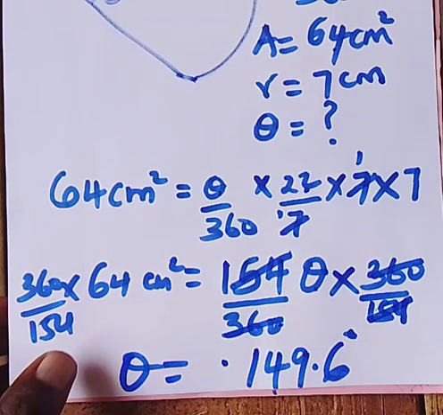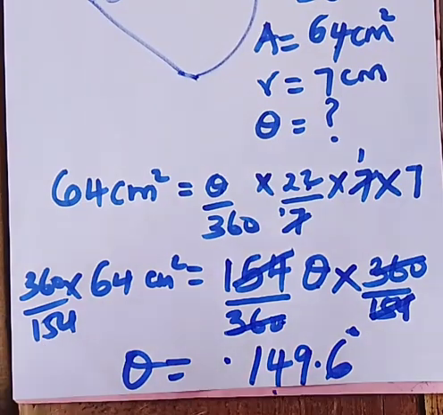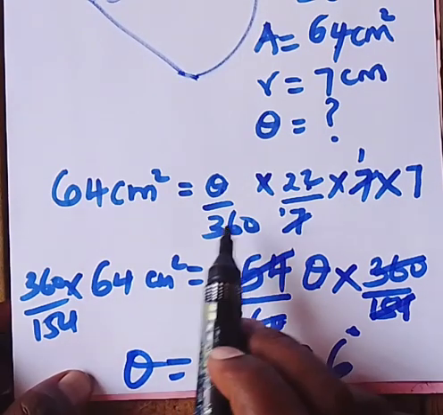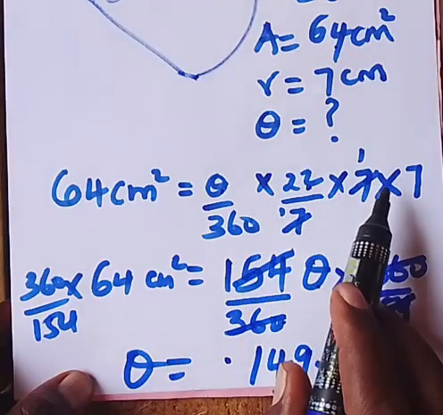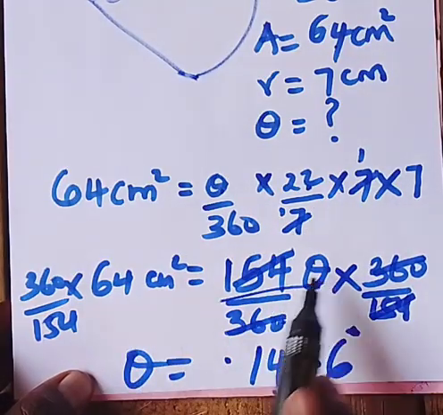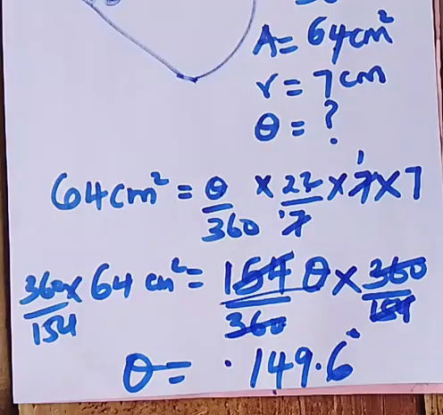So guys, that's how you find out when it is reversed. Just write the formula, substitute what you have in the formula. Then when you have already substituted, you can simplify and find out what you do not have. Like we have seen in this substitution, when you want to remain with only the unknown, you simply multiply by the reciprocal to remain with theta on one side.